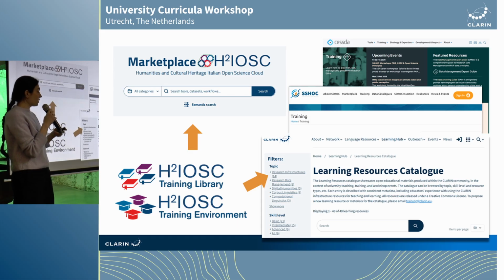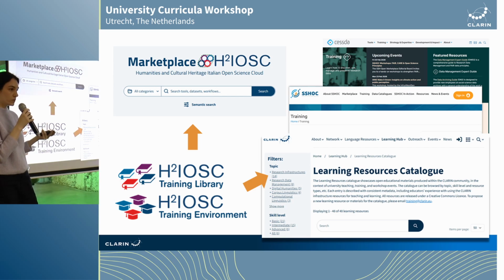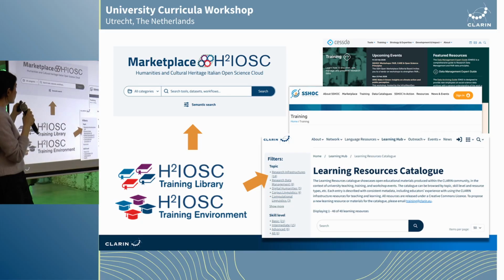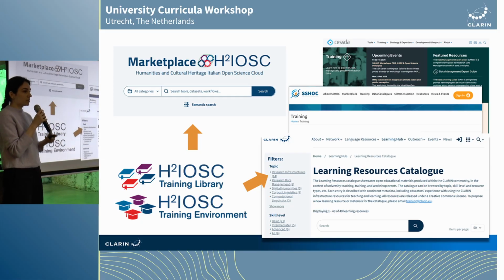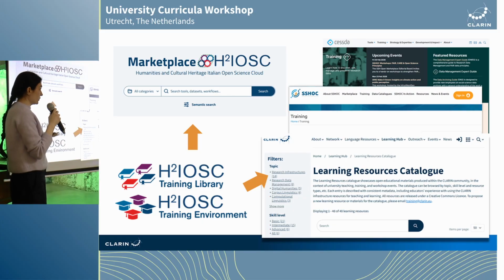This was thus potentially connected to all other catalogs because of the descriptors, because of the metadata we used for describing each module. So first and foremost, we have mapped the metadata onto the H2IOSC marketplace, which is basically the unified access point to all of the services and outputs of the project.